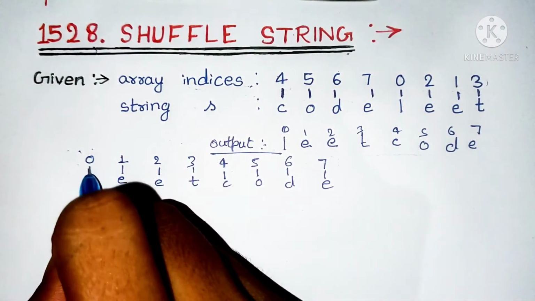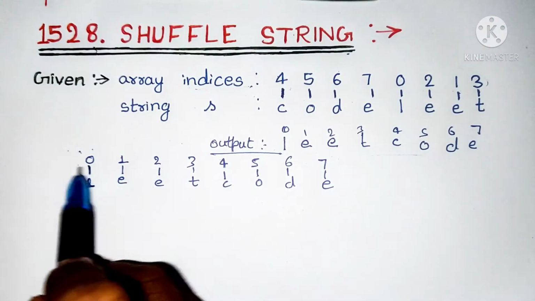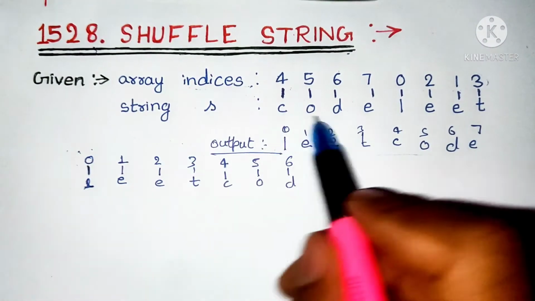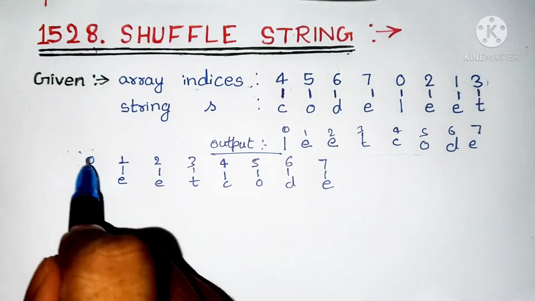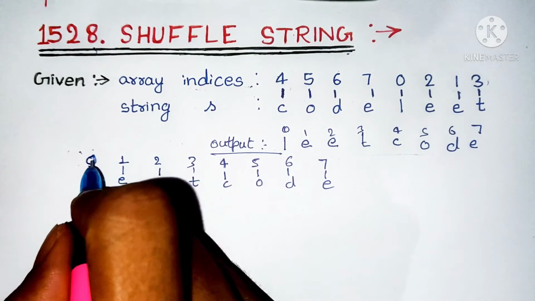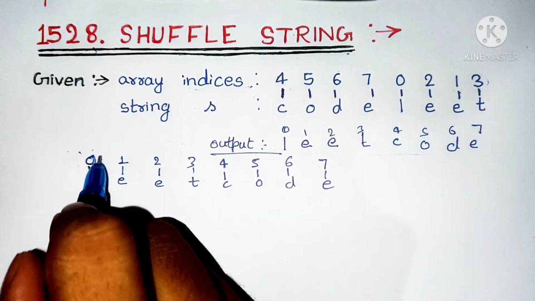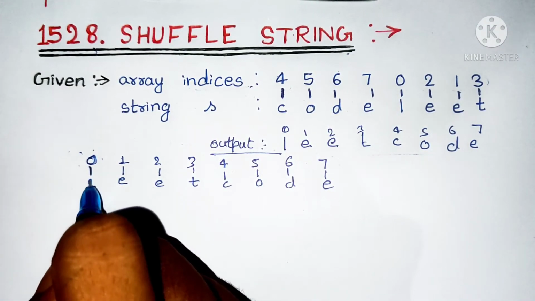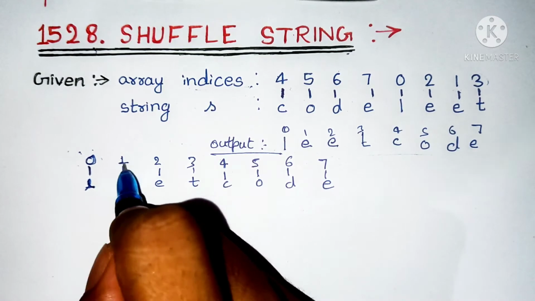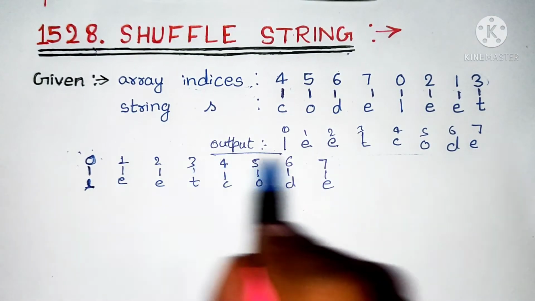So how can we make such pairs? We can use a map data structure to store that the element corresponding to 0 is L, then the character corresponding to 1 is E. We can do this using a map.